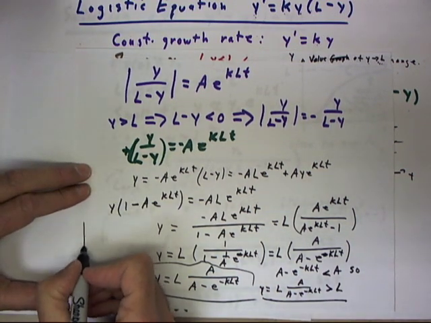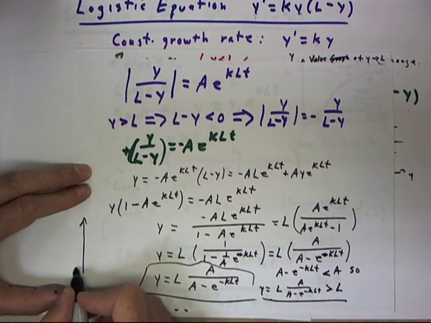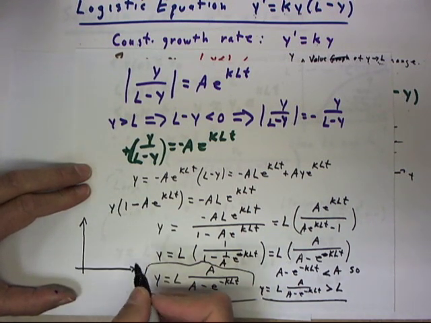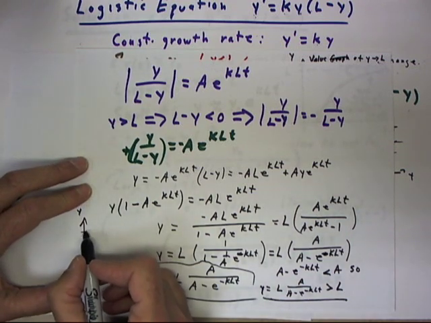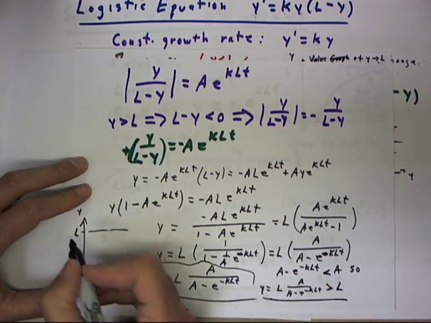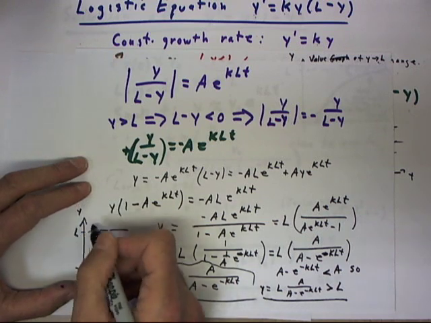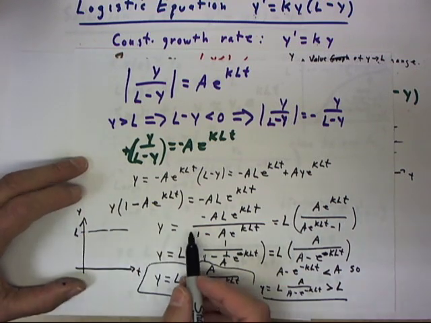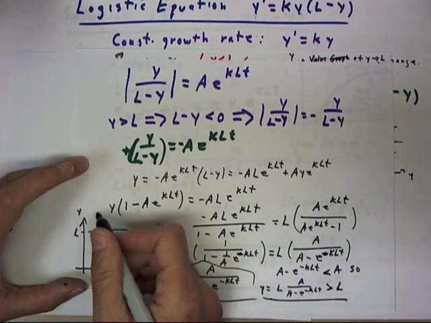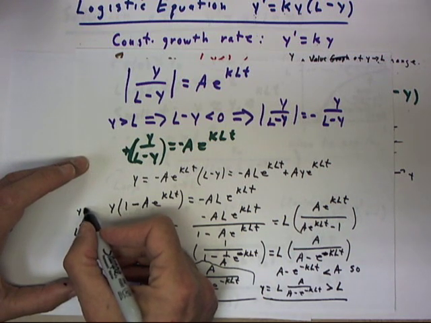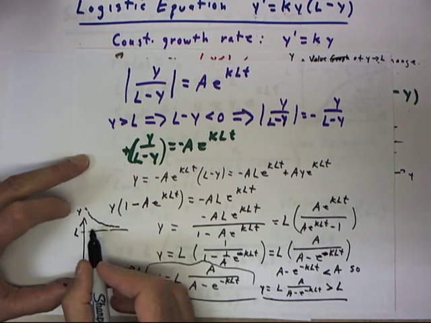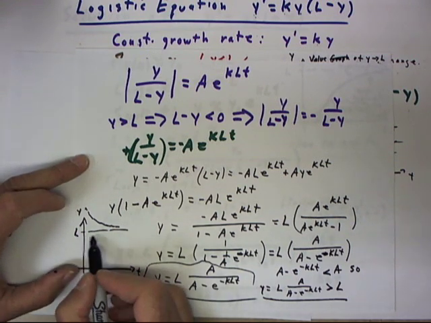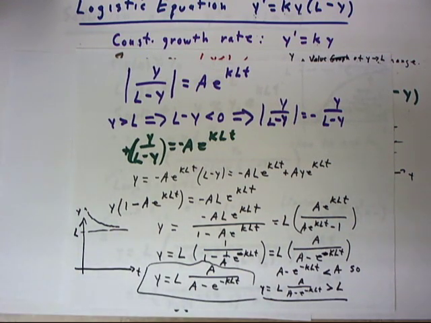The corresponding equation, without elaborating, you will be asked to work out some details with similar equations. We have our limiting value L, and y is greater than L. So our original value y is greater than L, meaning that y starts up here someplace and exponentially declines toward L. This incidentally is consistent with what we would get if we were to do a direction field.